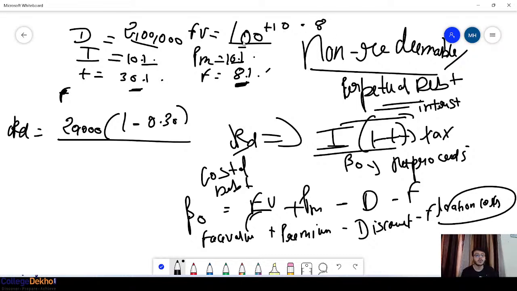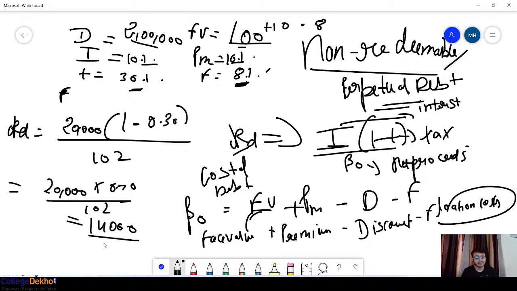Minus 8. So 100 plus 10 minus 8 is 102, divided by 102. And once we try to solve it, it's nothing but your 20,000 into 0.70 divided by 102. 20,000 into 0.70, you get 14,000 rupees divided by 102. 137.2 is your cost of debt, which is very high. इतनी high नहीं होनी चाहिए. ठीक है?